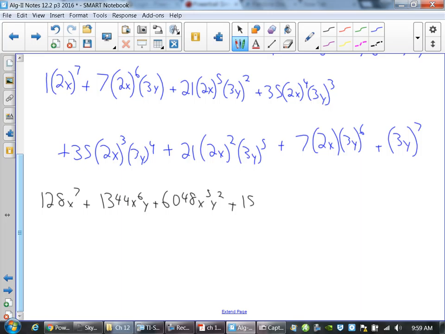Wait a second, how did you get 128 for the first one? 2 to the 7th. And that's the thing you have to remember: when it's raised to a power, both pieces inside that monomial have to be raised to 7.